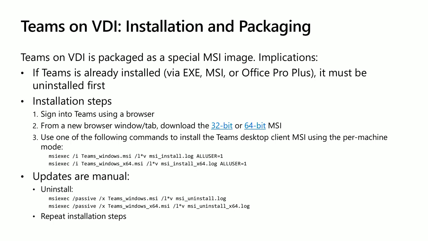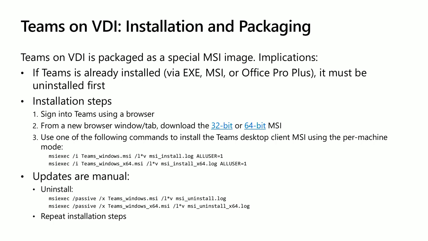Now, one interesting thing to know about, and this is pretty important, is that Teams on VDI is packaged as a special MSI image. Okay, and the reason why is because it's different than the Teams client. It's different than the web client. It overrides certain things. So it's packaged as an MSI. So if Teams is already installed via an executable or MSI or Office Pro Plus, it needs to be uninstalled first.